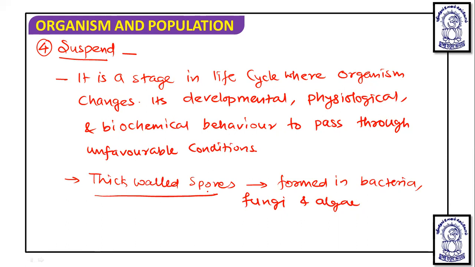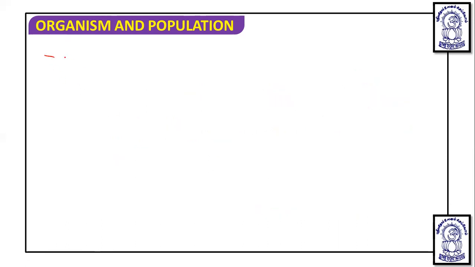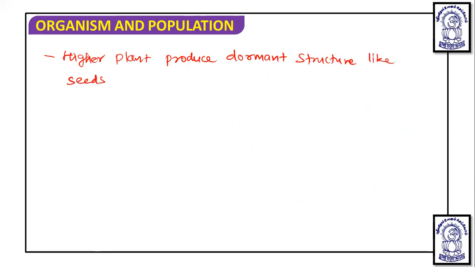Apart from this, higher plants produce dormant structures like seeds and other vegetative propagules as a means to overcome unfavorable conditions. And these seed-like structures germinate and produce a new organism when the conditions are favorable.